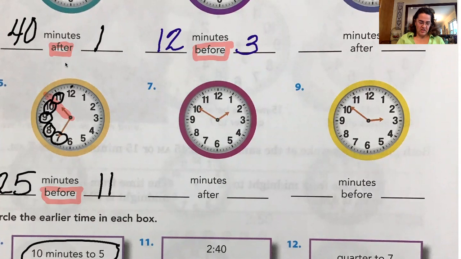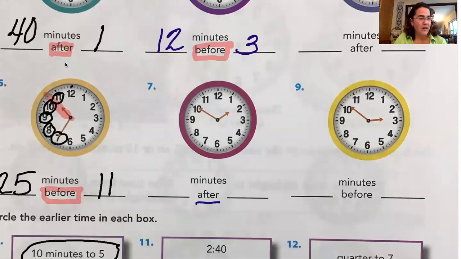And let's see, JJ, can you help me read that clock? How many minutes after what hour? So remember, we want the minutes after, not the minutes before. I know it's closer to the next hour, so you want to do that one. But it's asking for the minutes after.